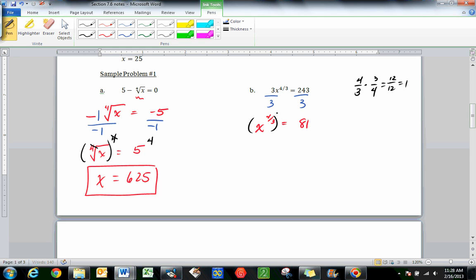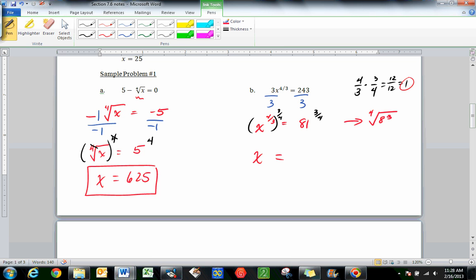So I'm going to raise this to the 3/4 power. And again, you can do that to both sides, or you're going to need to. So the 4/3 and the 3/4 when multiplied together are going to give us that desired 1, or x to the first power. Now, with 81 to the 3/4 power, you have a couple choices here. You could rewrite this as a root and a power.